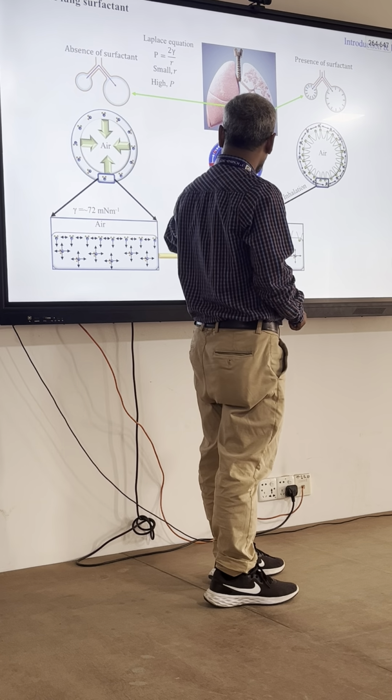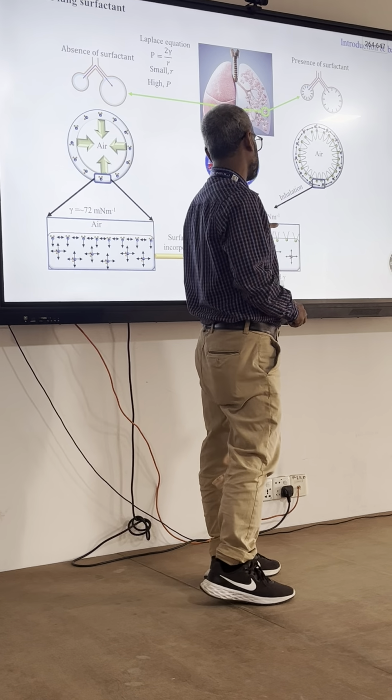Once you introduce the surfactant, the surface tension reduces to 20 to 25 at the end of the inhalation. And at the end of the exhalation, we have nearly 0, not exactly 0, nearly 0. This surface tension and pressure can be in equilibrium, and people can breathe healthily. Once this is changed due to the nanoplastics, this surface tension can vary and the patient will experience shortness of breath.